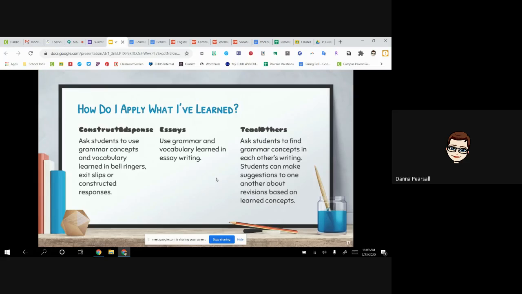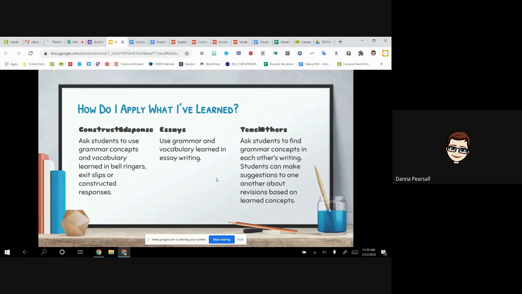But in any essay that they're writing, and if you're an English teacher, you're probably having your kids write essays, I would think. And then teaching others. So when students are revising or peer reviewing, you can ask them to find the grammar concepts in other students' writings.